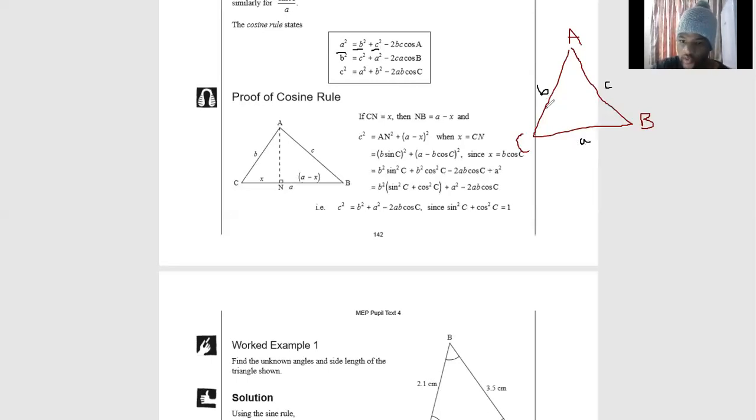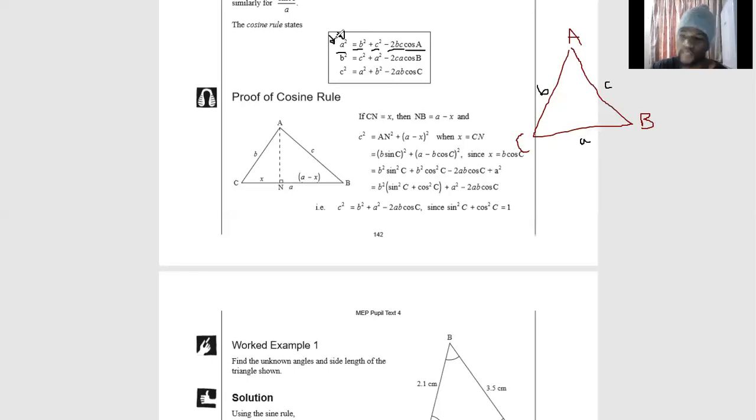It's a squared equals b squared plus c squared minus 2bc. It's always minus 2 times the other two sides, times the cos of the angle that is the subject of the formula.